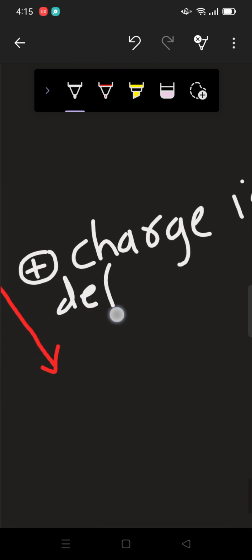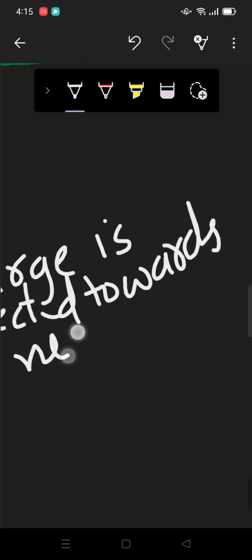So positive charge is deflected towards negative charge in the electric field.